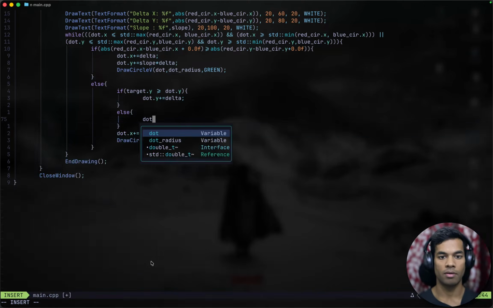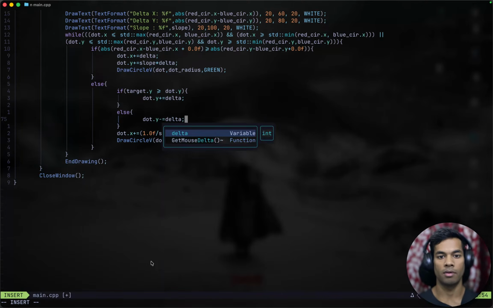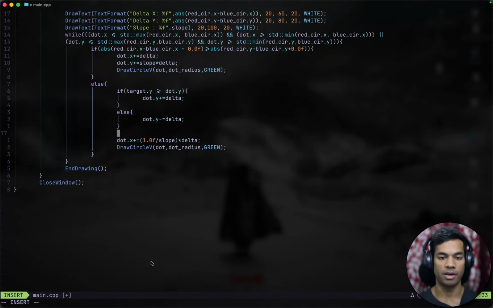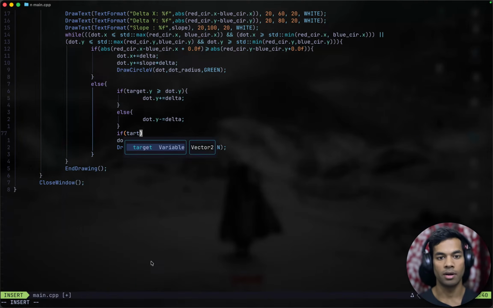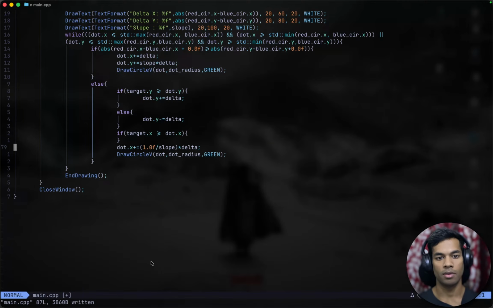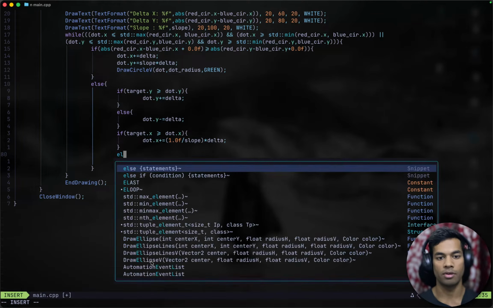Else dot y minus equals delta. And the same thing here: target dot x, if that is greater than or equal to dot x, then we will increase in the positive direction.